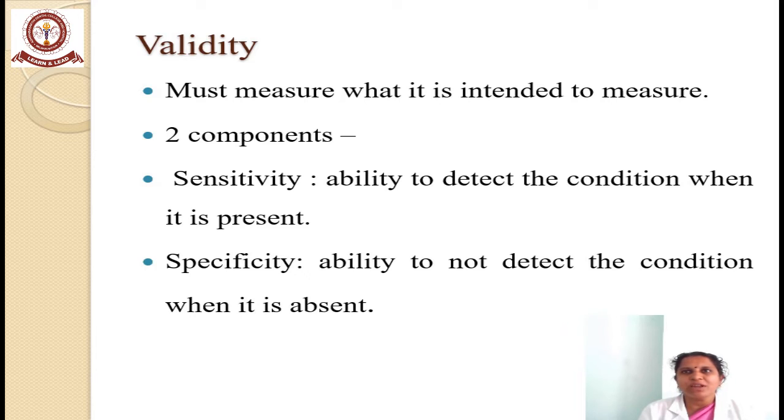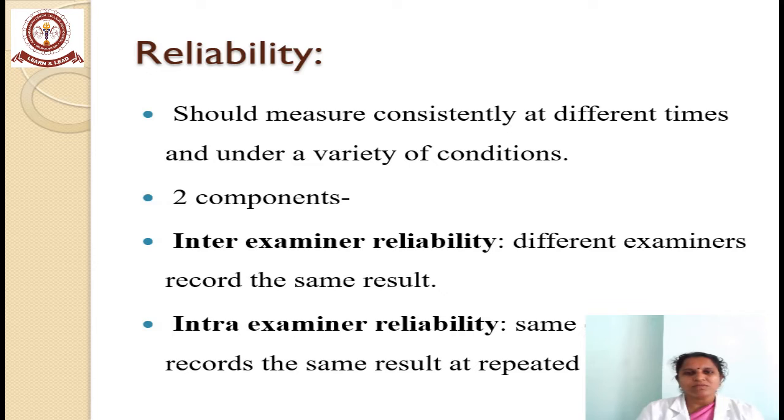Suppose you are examining dental caries status, sensitivity is whether caries is present in the tooth or not, it has to measure. Specificity is the ability of the index to detect the condition when it is absent. So whether caries is present, that means sensitivity, and if it is absent, the specificity should be examined by the index.